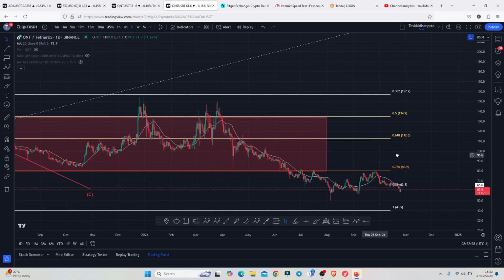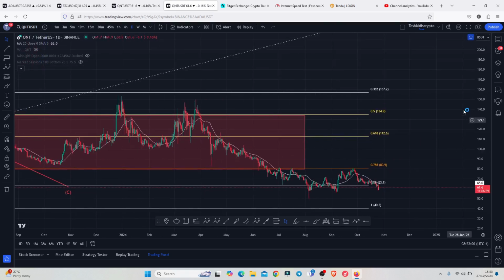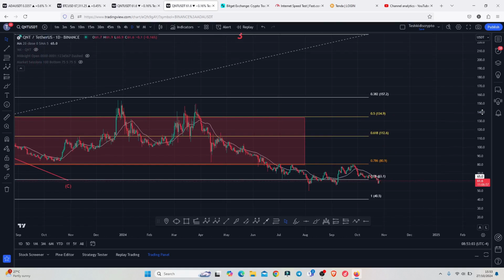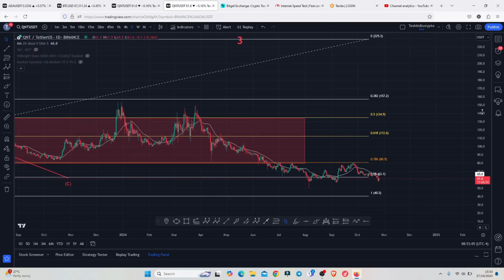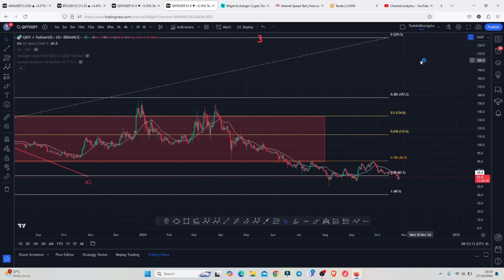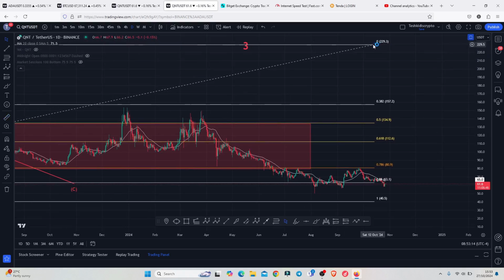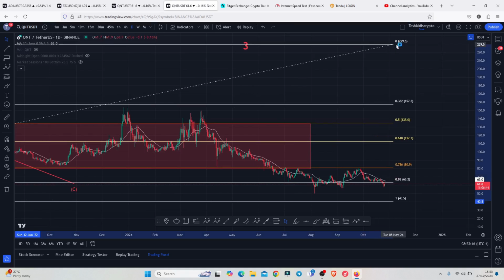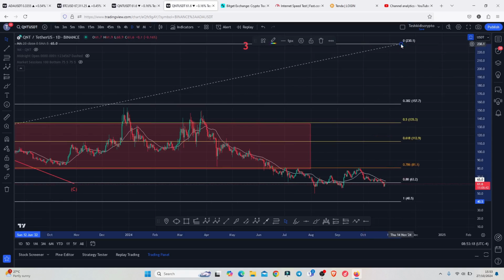And I have been saying to you that we need to continue seeing QNT holding above the fib level 0.88, which is the last line of support here on the Fibonacci. And you can see that the fib level 0.88 lies above the $63.1, which is an area that we are now slightly holding above.